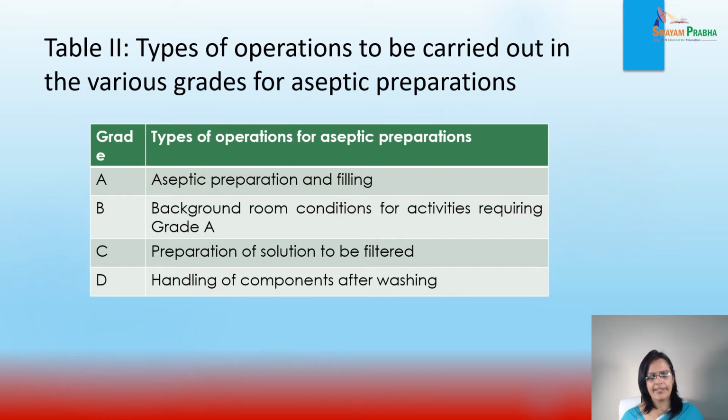So this table is very important, dear students. Please do remember this table. You have to remember that grade A is for aseptic area and filling, which is very crucial, which is very important. Grade B is background room condition for activity requiring grade A, right? And preparation of solutions to be filtered in grade C, and handling of components after washing in grade D.